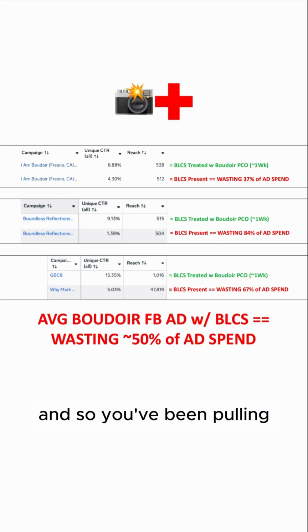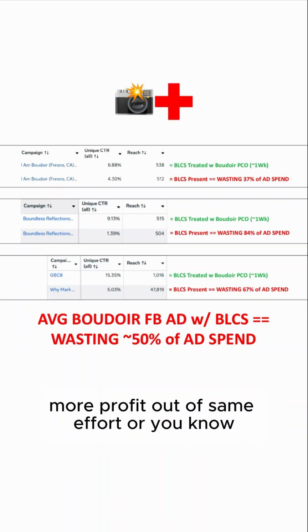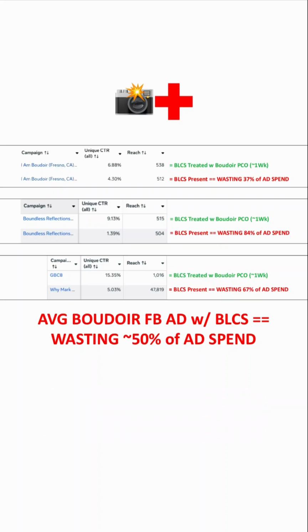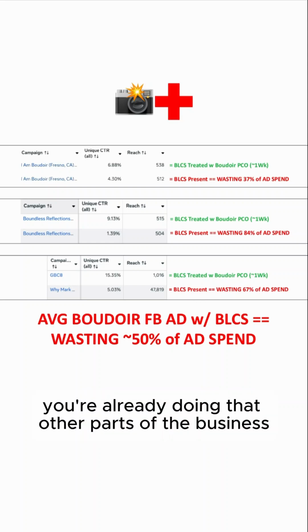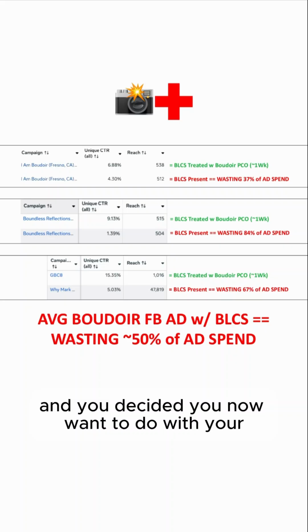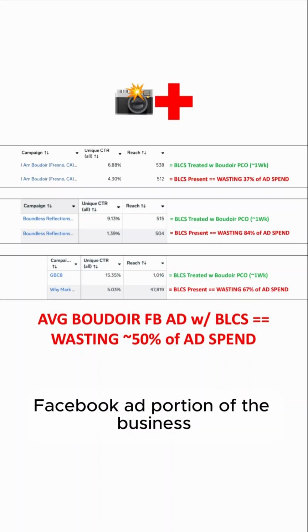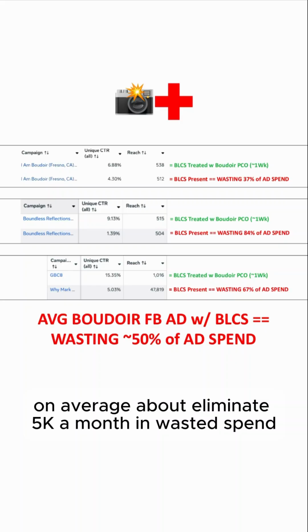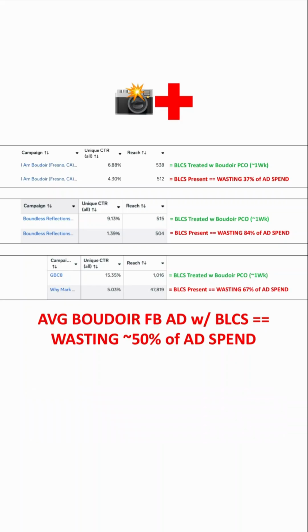And so you've been optimizing other parts of the business, pulling more profit out of the same effort, the same inputs. You're already doing that in other parts of the business, and you've decided you now want to do it with your Facebook ad portion of the business, because you've seen that Boudoir Pico can, on average, eliminate 5K a month in wasted spend.